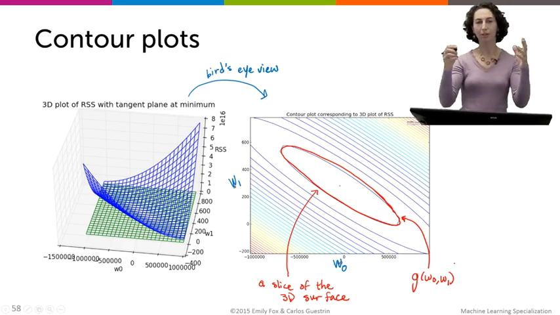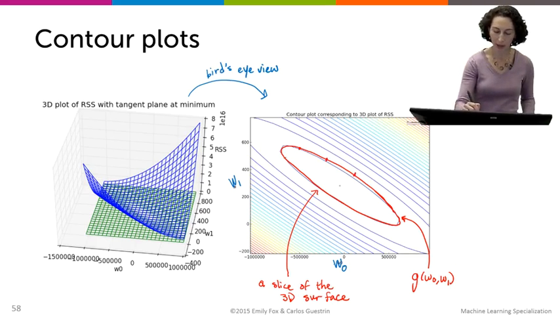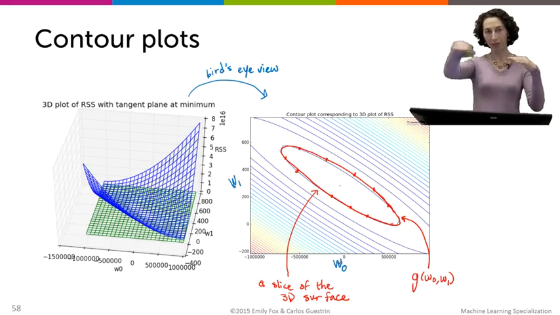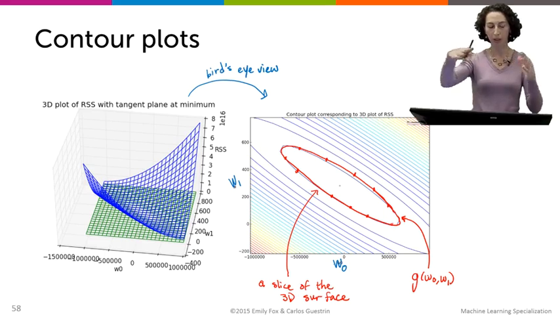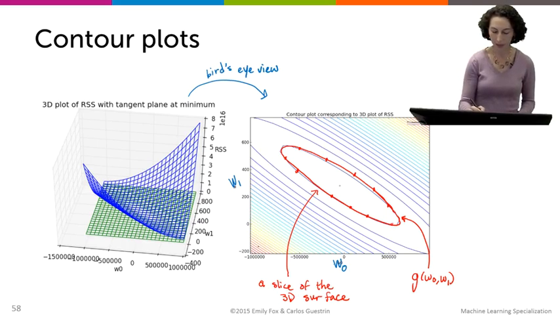So let me just step up and say what I'm trying to say here, which is every W0, W1 pair along this ellipse here has the same value of the function G, because it was just a flat slice through that 3D contour that we're looking at.